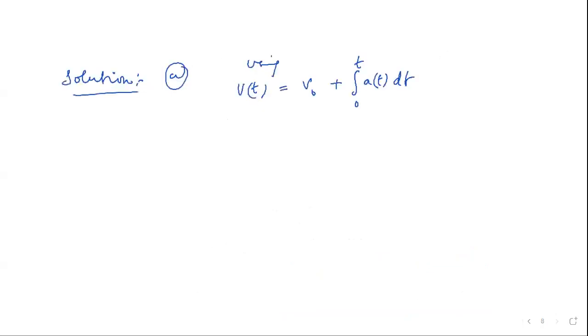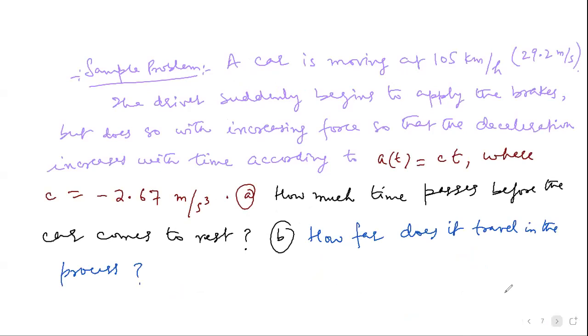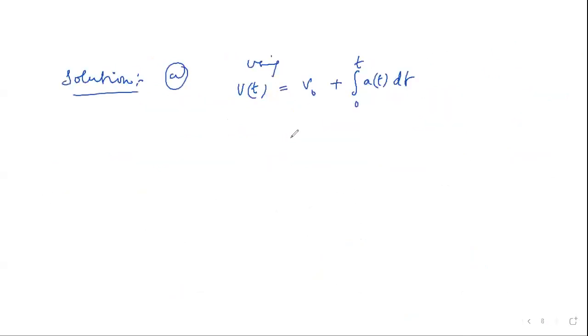Now a of t is given to us. A of t is what? Ct. We substitute. We write it v naught plus integral 0 to t, we write ct dt.